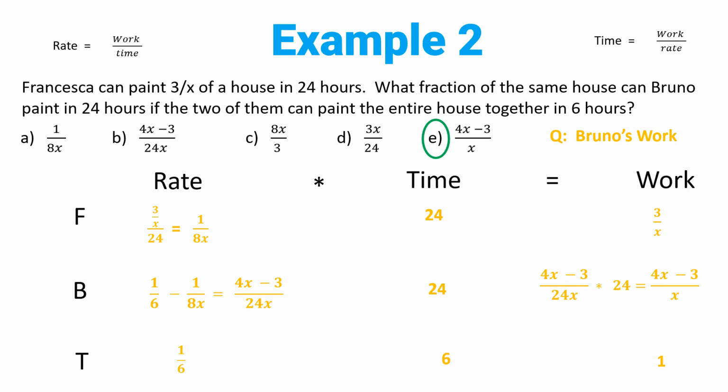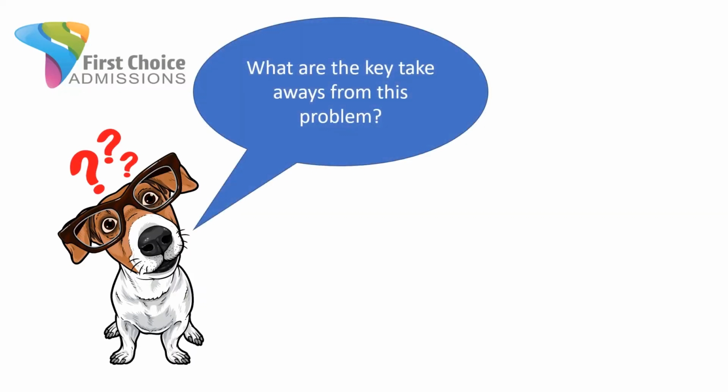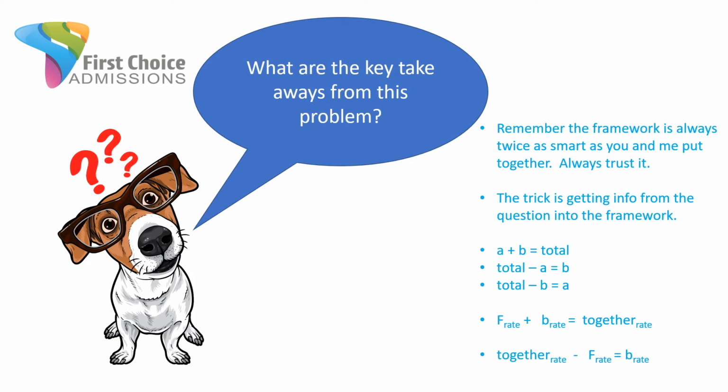Okay, great work. Remember to always use the framework. The framework is always twice as smart as you and me put together. Always trust it, especially when you're not quite sure what the heck is going on in the problem. Now, the trick is always getting the information they give you into the framework, but the information will always fit. Also, and this is crucial because it's throughout the entire GMAT, if A plus B equals total, then total minus A must equal B, and total minus B must equal A. And we saw that in this question.